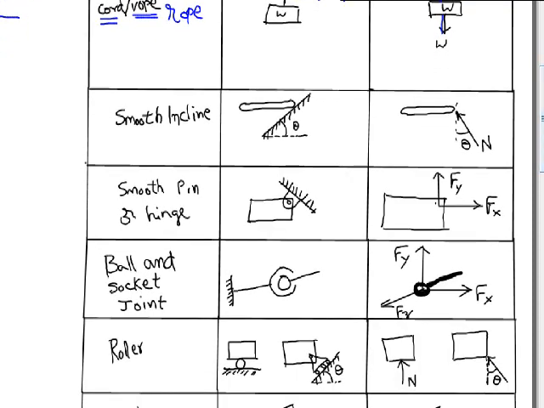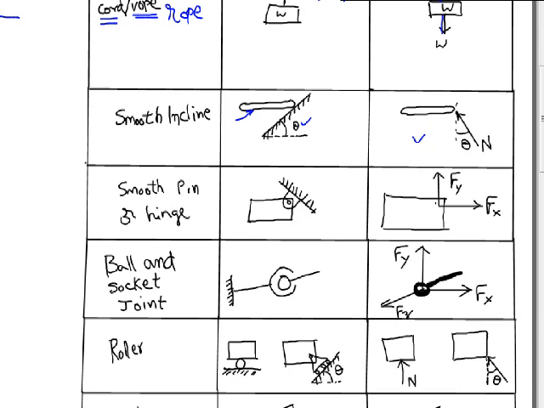When you have a smooth inclined plane touching the object, if this were to be the free body, that is the object for which we are trying to draw the free body diagram, which is touching an inclined plane making an angle theta, to draw the free body diagram of this object, you will remove the inclined plane as shown here. The inclined plane does not appear here.